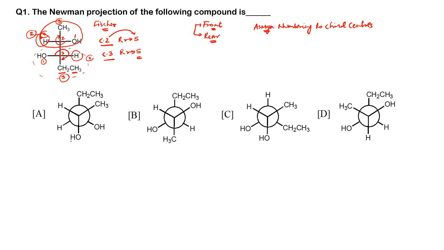Now we'll go with the simplification of these options. Before this, we'll try to understand the exact meaning of the Fischer projection. Wherever we see a molecule, for example, one having two chiral centers, we need to understand a concept.